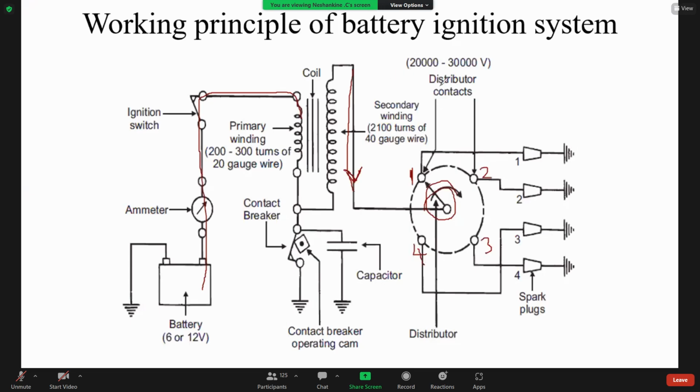So if the distributor contacts number 1, that high voltage passes through this line and reaches spark plug number 1. Here we can observe the spark. Understood? Yes.